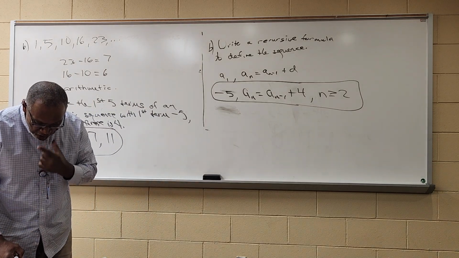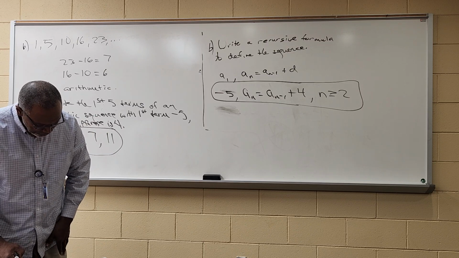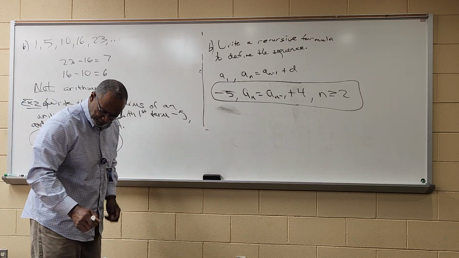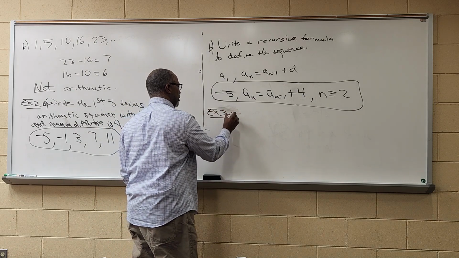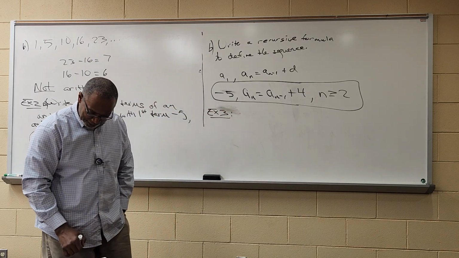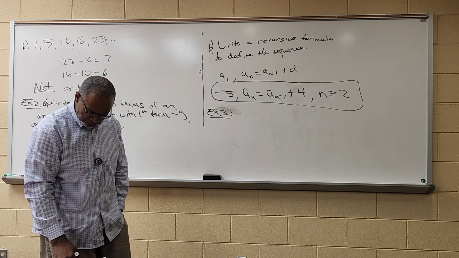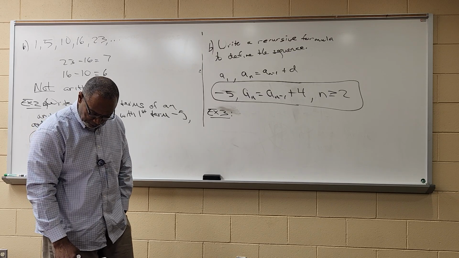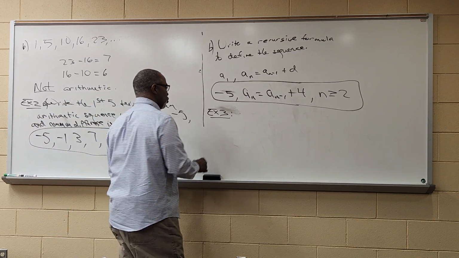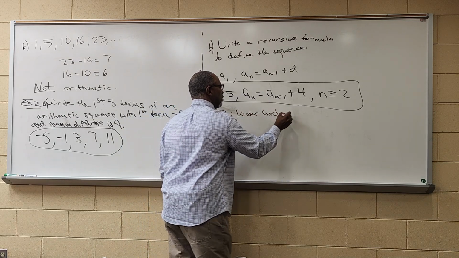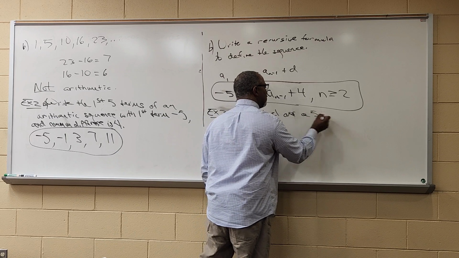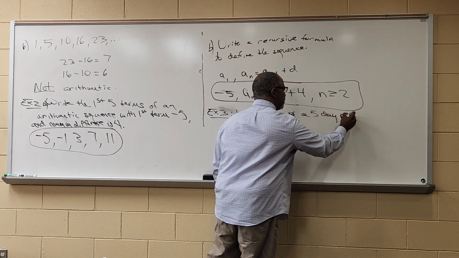Example 3. They give me the following. A park ranger in Everglades National Park measures water level in one region of the park for a 5-day period. So this is water level over a 5-day period.